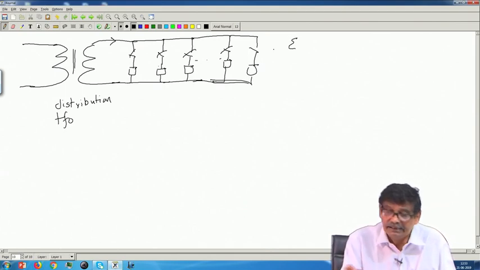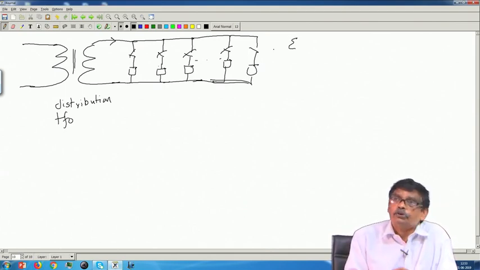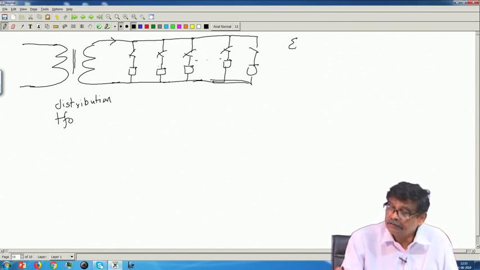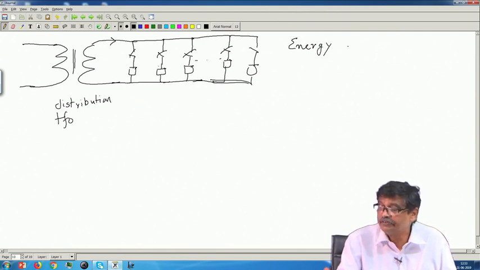That is why this type of transformer should be judged, their performance should be judged, not from the point of view of power efficiency, but from the point of view of what is called energy efficiency, or all day efficiency.